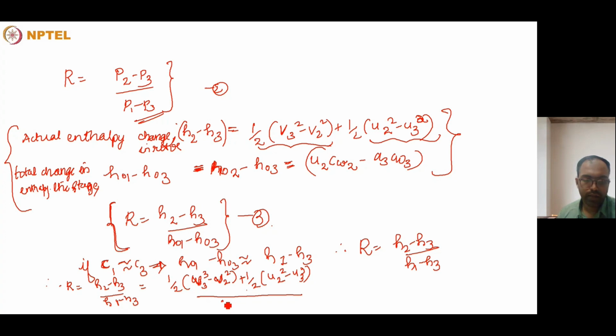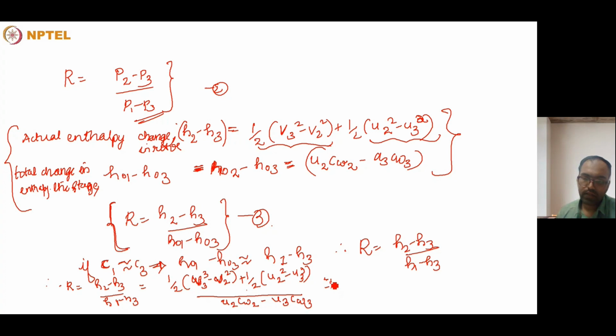For the work in this stage, that will be equal to U2 CW2 minus U3 CW3, from the Euler turbomachinery equation, the work done on the system.